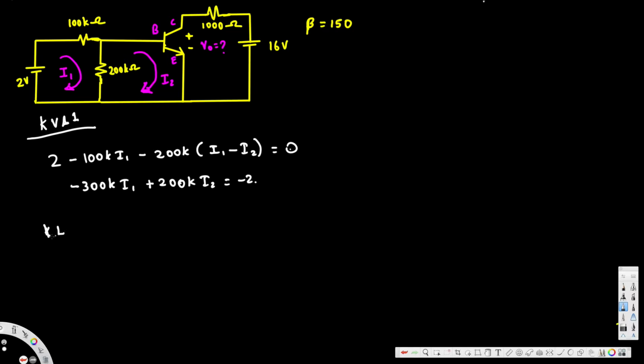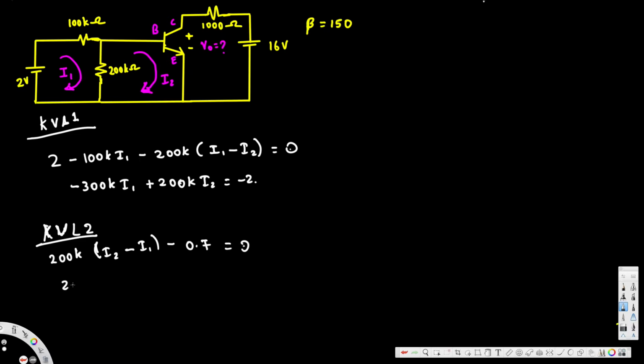If I apply KVL for the second loop, this is going to be 200k I2 minus I1, minus this base emitter voltage, that's 0.7, is equal to 0.